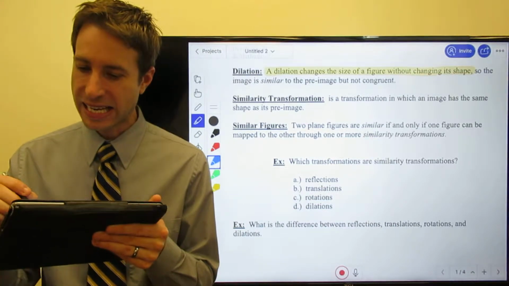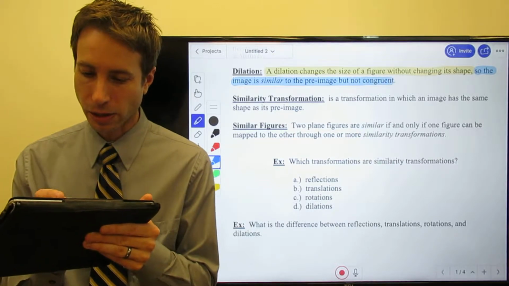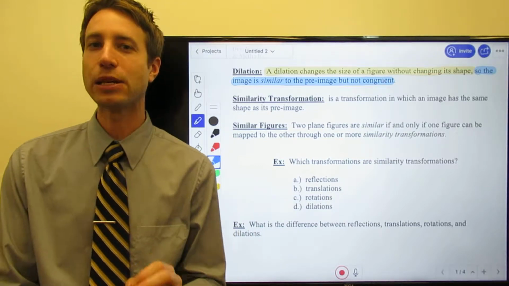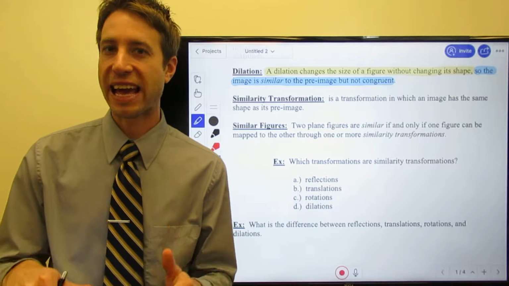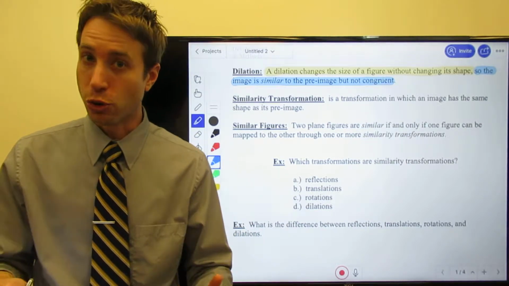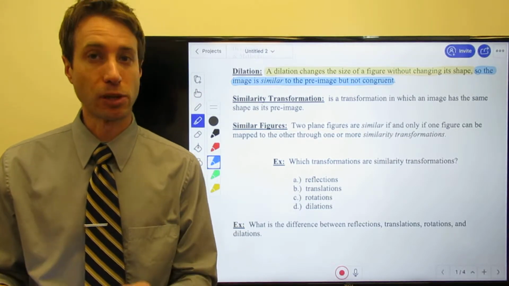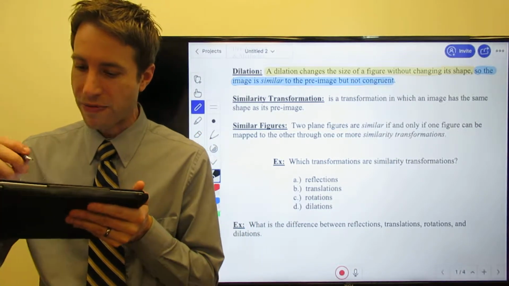That means the image is similar to the pre-image, but not congruent. Two figures are similar if they have the same shape. Figures are congruent if they have the same shape and size, but they're similar if they have the same shape, and that is important enough that we're going to write it down.